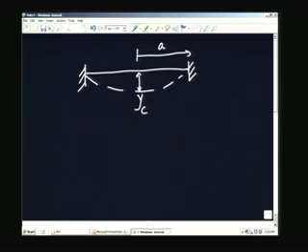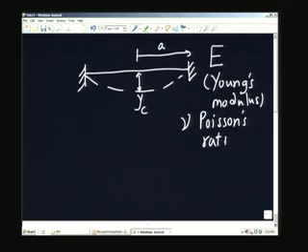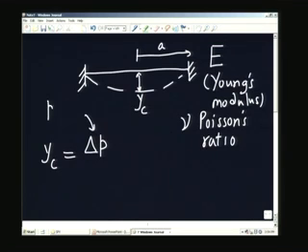So, let me look at the mechanical properties. The Young's modulus, from strength of materials, you must be already knowing about this quantity. Young's modulus is going to play an important role. The Poisson ratio, nu, is also going to play a role in determining the displacement of the diaphragm, and the formula which describes this is given by YC is equal to delta P. Delta P is P minus P A, as we already have written down earlier.